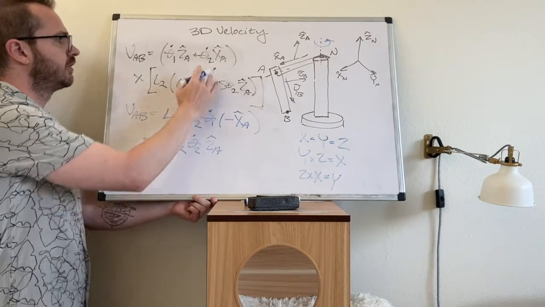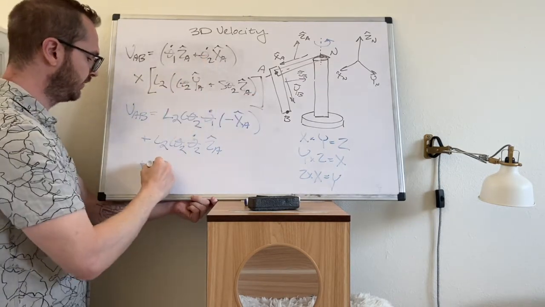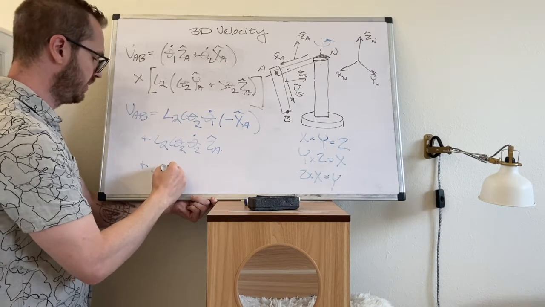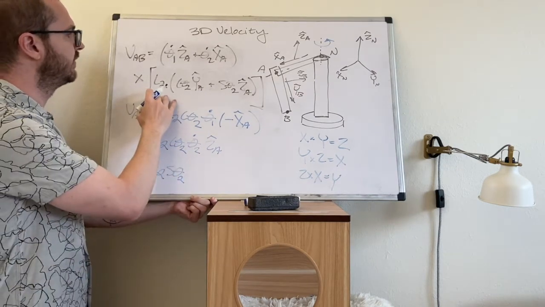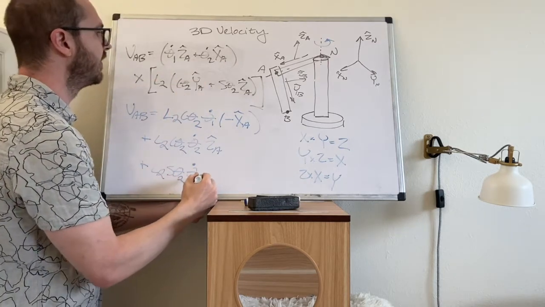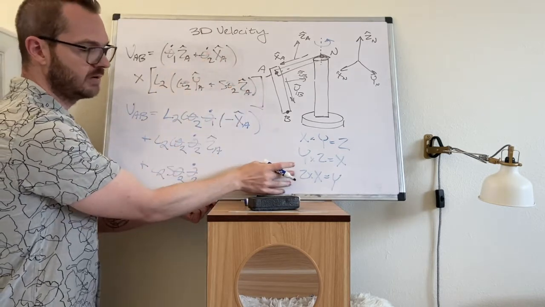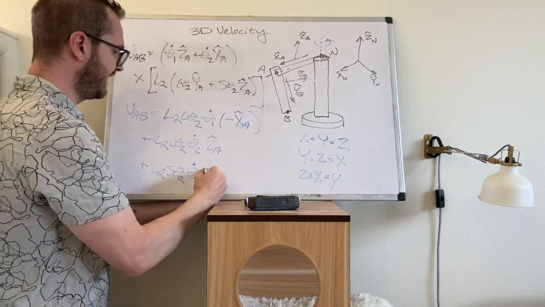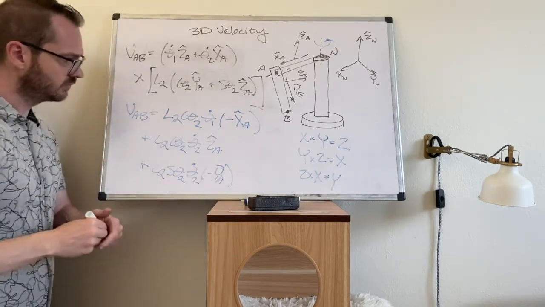And then the last term, this cross the last one, let's multiply the scalars. L2 sine theta 2, and then it's theta 2 dot. And then it's X cross Z, right? So that's going to give us negative Y.